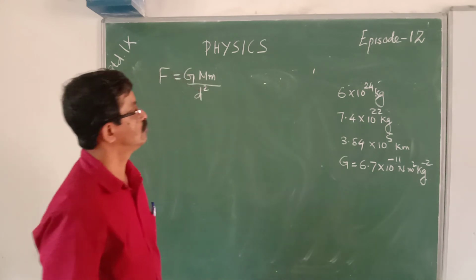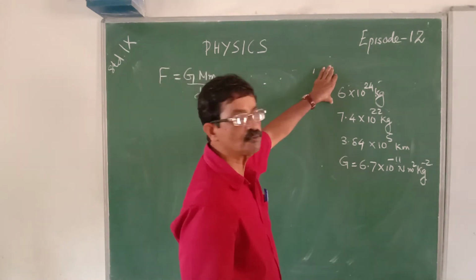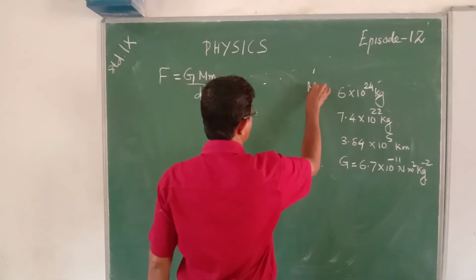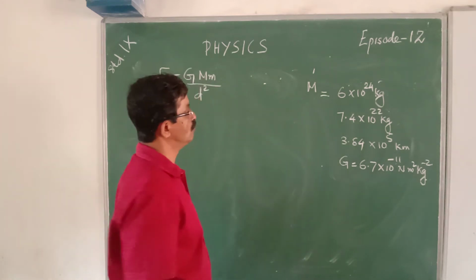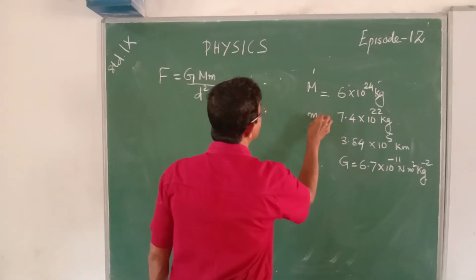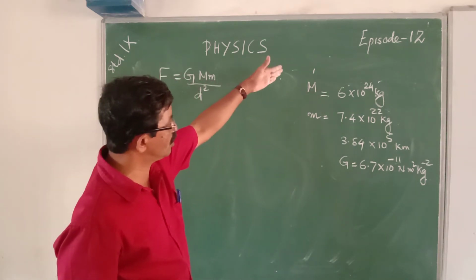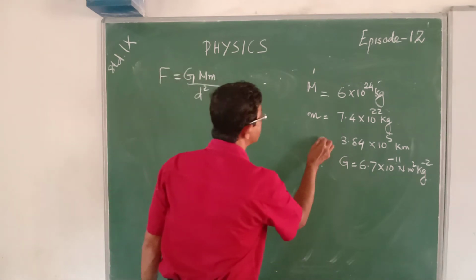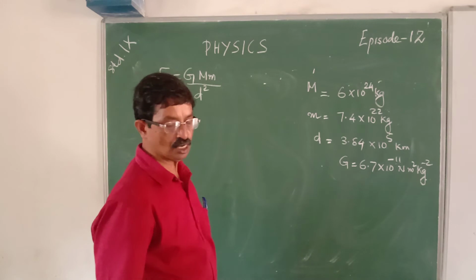Now, what are the terms given here? First, the mass of the earth, which we take as capital M. Then the mass of the moon, let it be small m. The distance between the earth and the moon, that is d. And the gravitational constant.